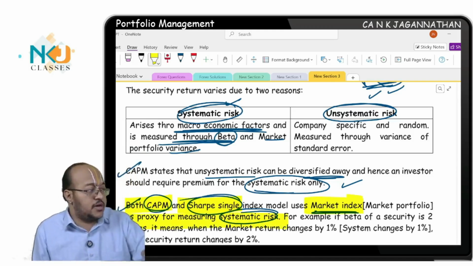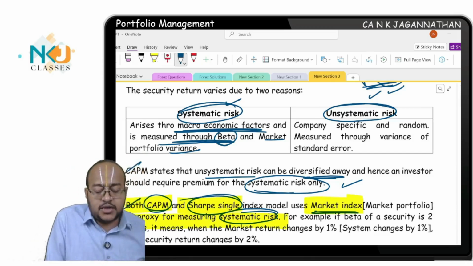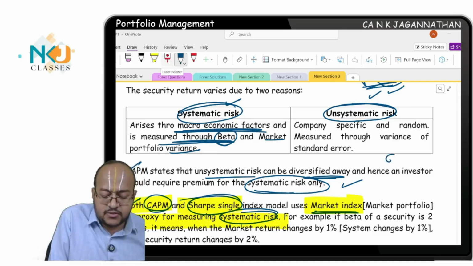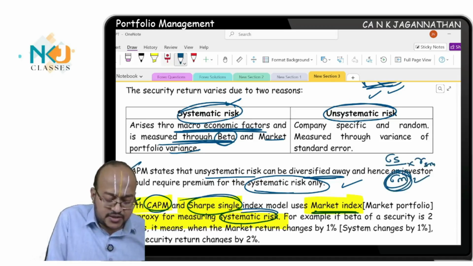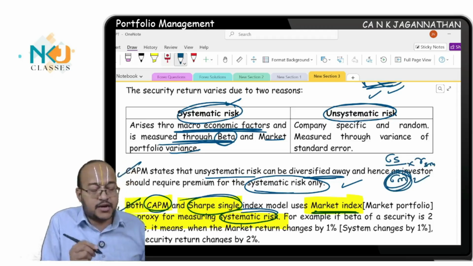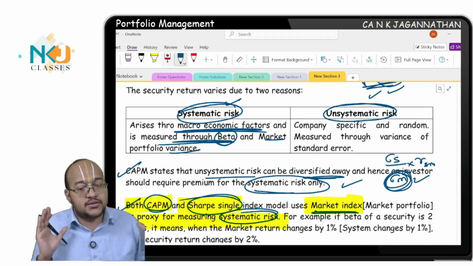Wherever you see the systematic risk formula, they measured it using the market. What is the beta formula we studied? Beta is sigma of the security divided by sigma m, into the correlation of S and M. Here also you see the market risk is there. Are you all understanding? The market index is taken as a proxy for measuring this systematic risk.